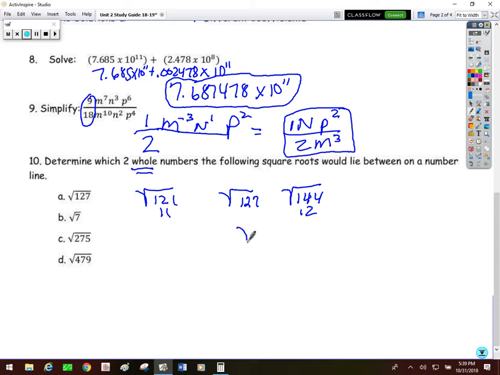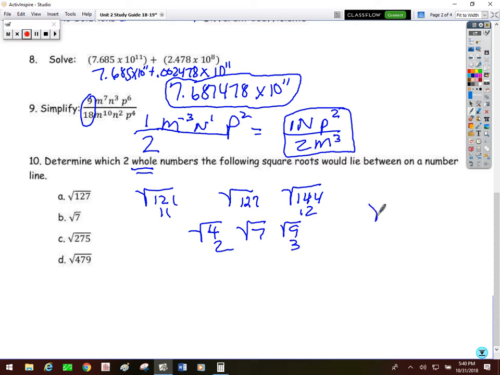Okay? All right? The square root of 7, the first perfect square below 7 would be what? See if you can answer it in your head real quick. The first one below that is 4, and the one above it is 9. So it would be between 2 and 3. All right?